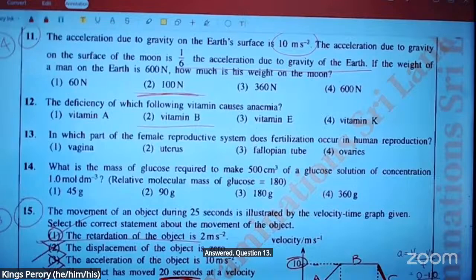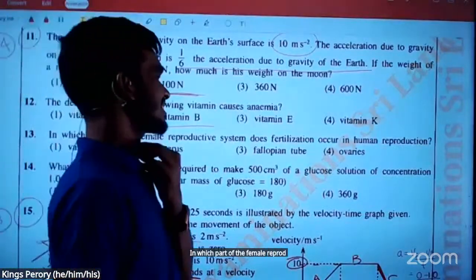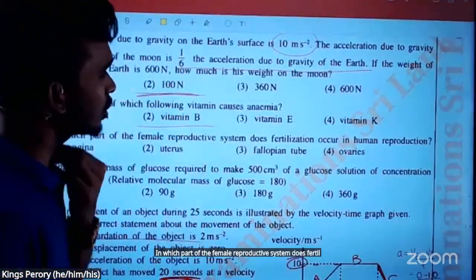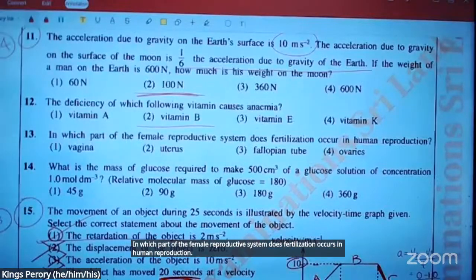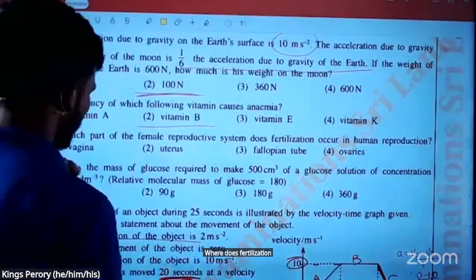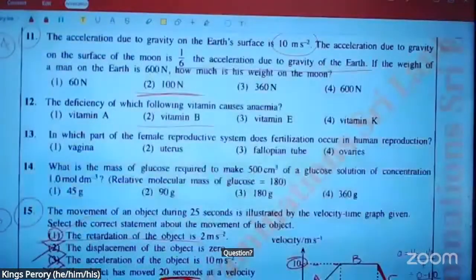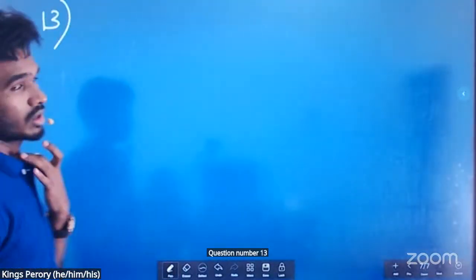Question 13. In which part of the female reproductive system does fertilization occur in human reproduction? Where does fertilization occur?